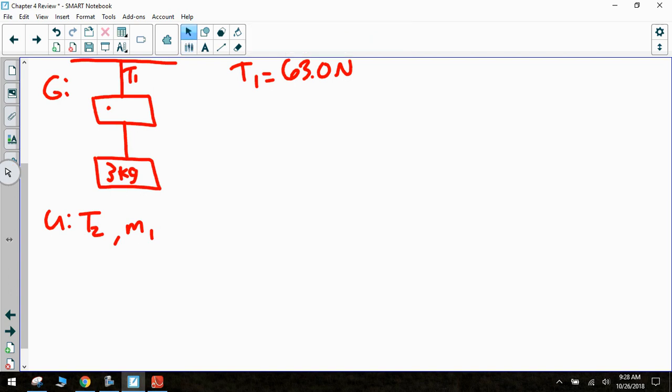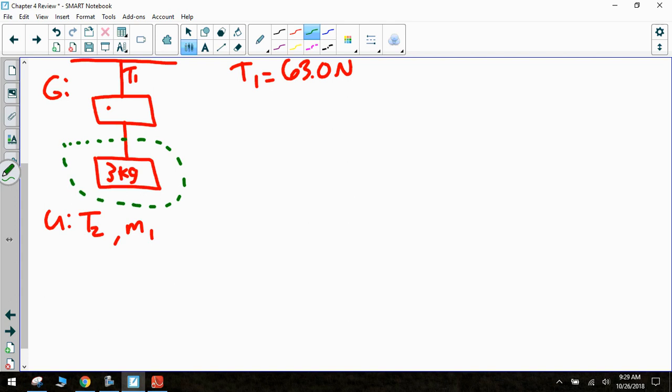Okay, so I need to figure out this guy, and I need to figure out that guy. Same type of situation. Very similar. So I'm going to start by cutting this guy right here. I know that the acceleration is equal to 0, just like last time. So I'm going to look at my equation of F net equals m times a for this guy right here.